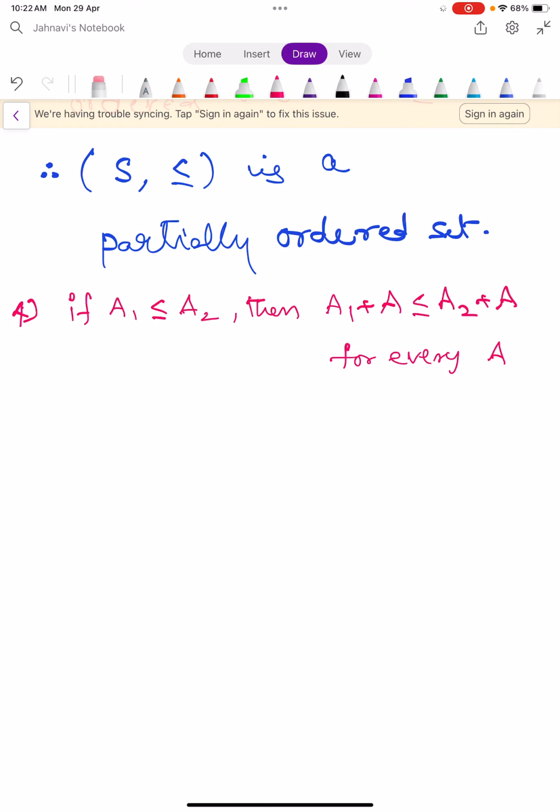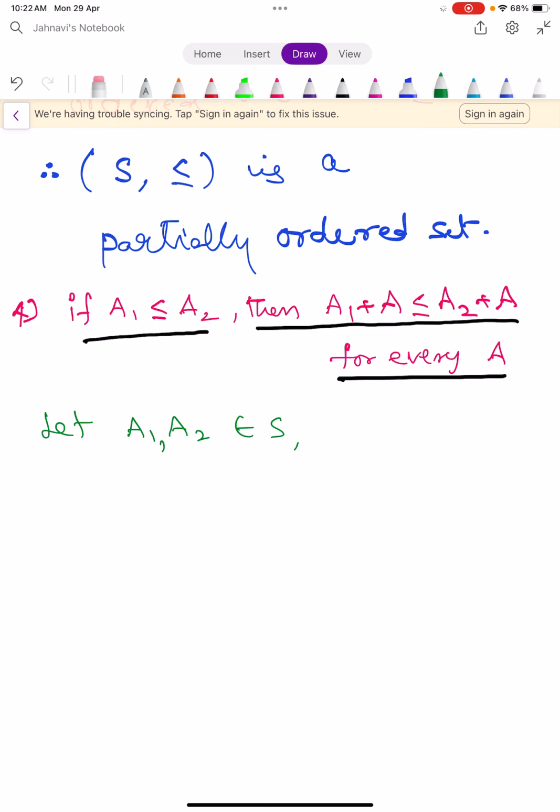To prove this, let us take two elements a1, a2 belonging to S and x belonging to capital H. Let us assume that a1 less than or equals to a2.